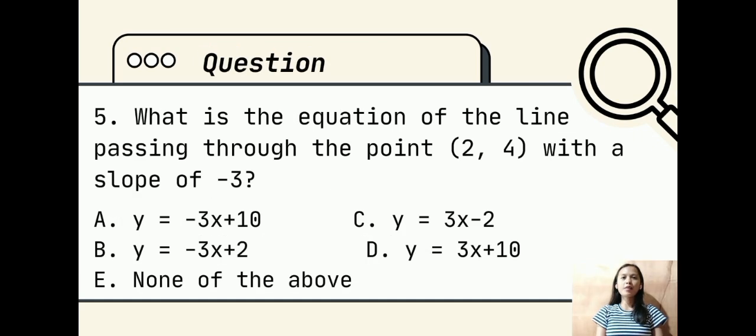Number 5. What is the equation of the line passing through the point (2, 4) with a slope of -3? A. y = -3x + 10, B. y = -3x + 2, C. y = 3x - 2, D. y = 3x + 10, E. None of the above.